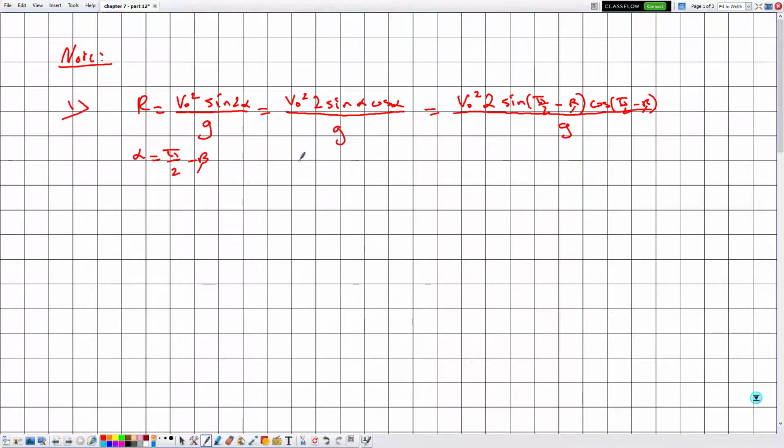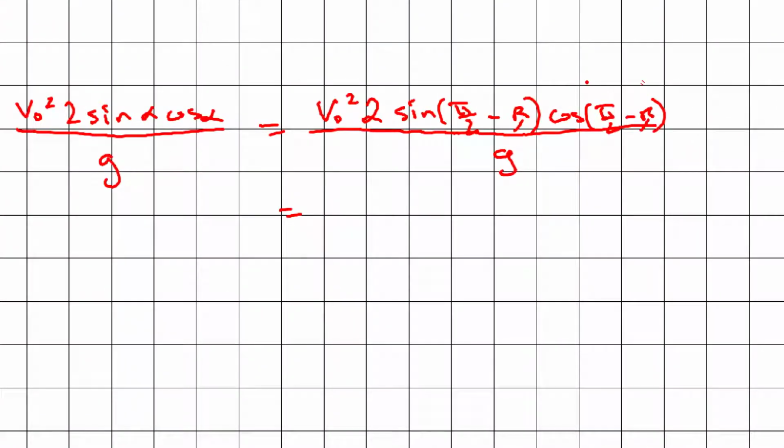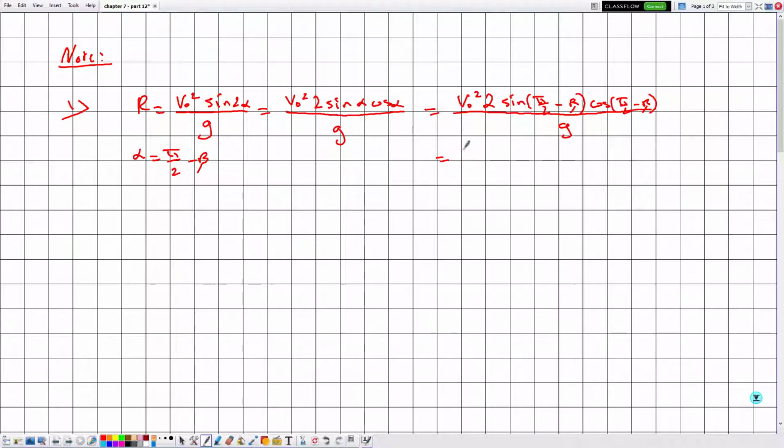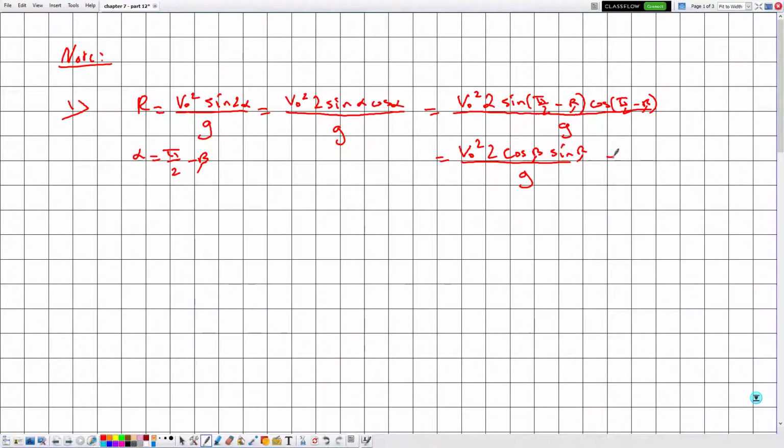So here sine and cosine are always related by pi by 2, so this is equal to v0 squared 2 cosine beta sine beta, and this is equal to v0 squared sine 2 beta divided by g.